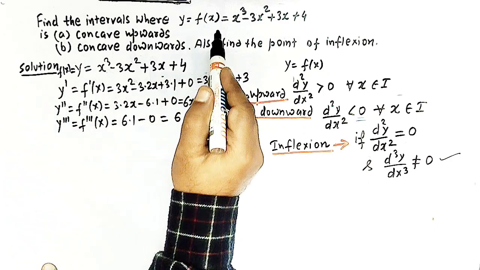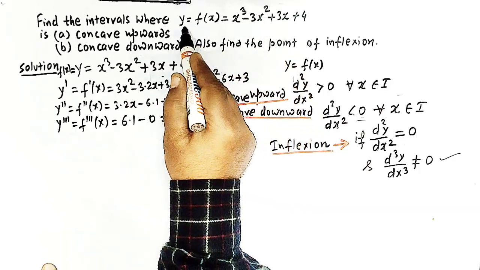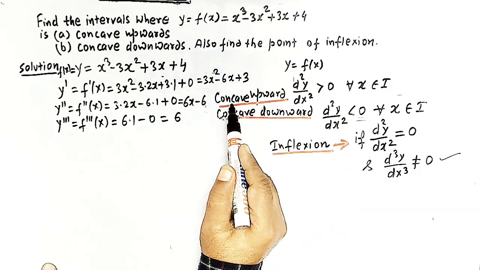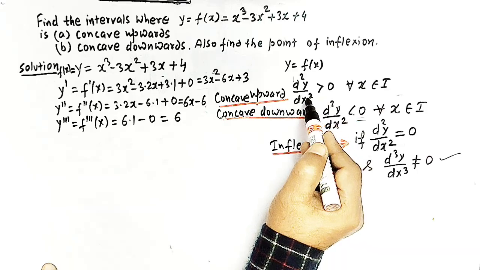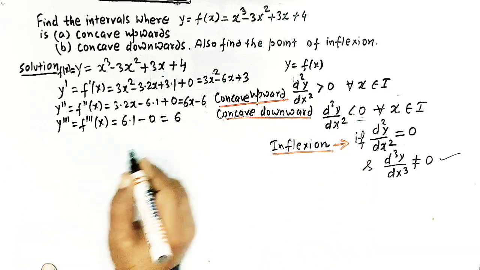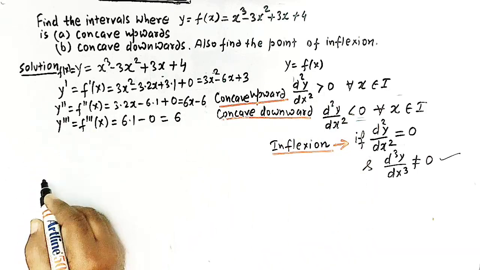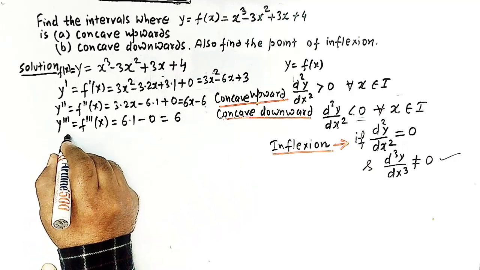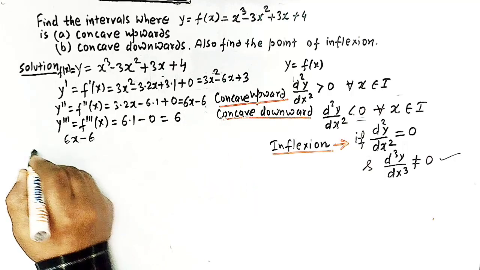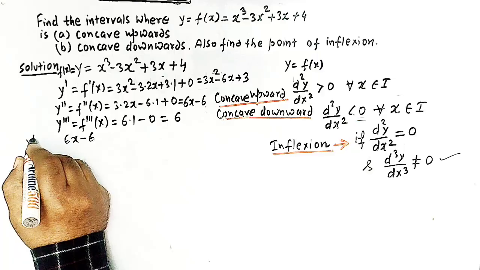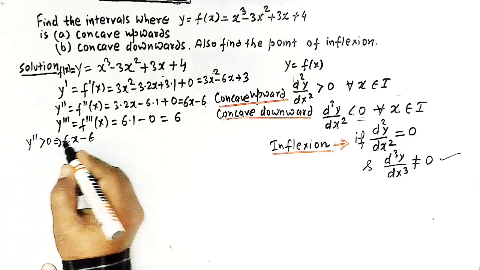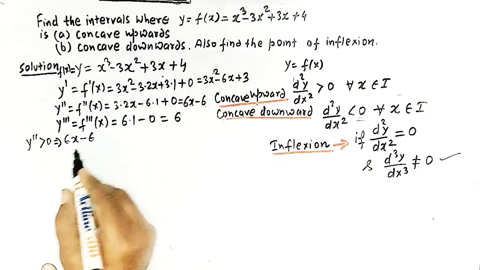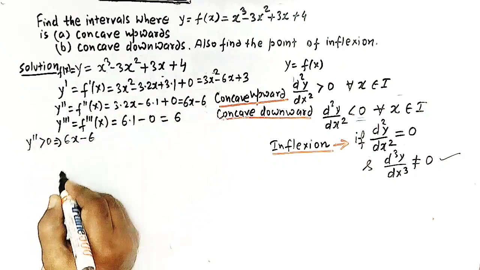So now this function or this curve is concave upward when the second derivative is greater than 0. So here the second derivative is 6x minus 6, right? So y double prime must be greater than 0 for the function to be concave upwards, right?